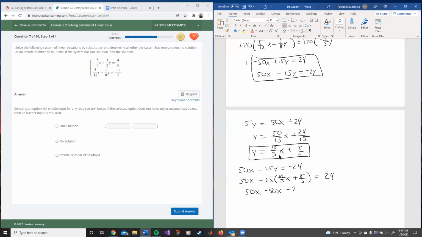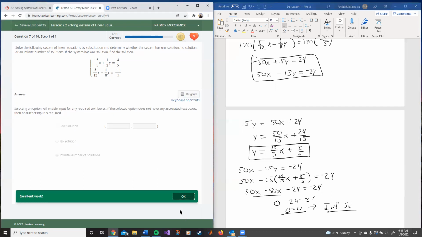Minus 24. Notice those cancel out. So I get 0 minus 24 equals minus 24. In other words, 0 equals 0. What's that mean? Infinitely many solutions. So we did all that just to show that everything worked. It's all in the process, though.